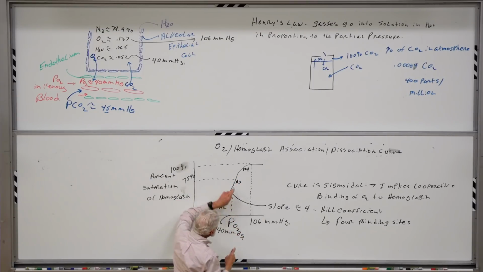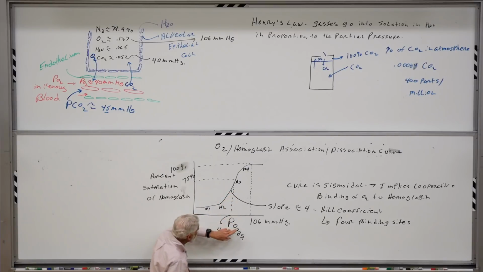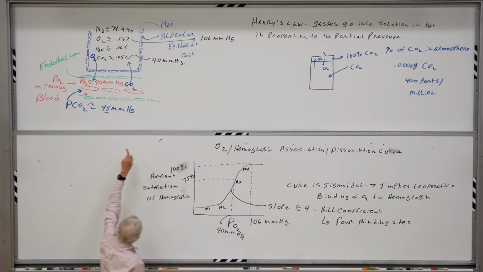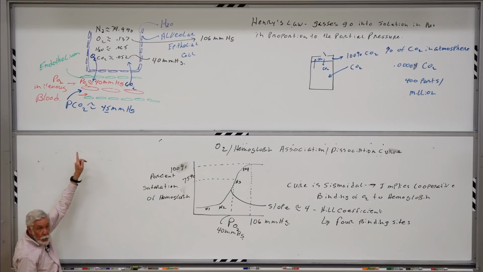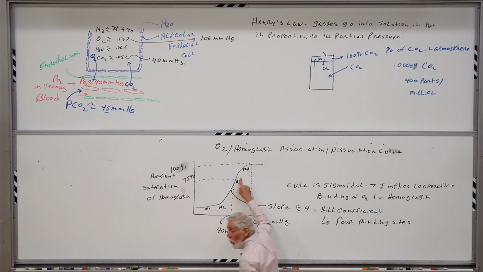And you'll notice that this number, where we have 3 of the 4 iron atoms occupied, is at 40 millimeters of mercury, the partial pressure of oxygen in the blood returning from the systemic vasculature. That means we're way up here in the steep part of the curve.